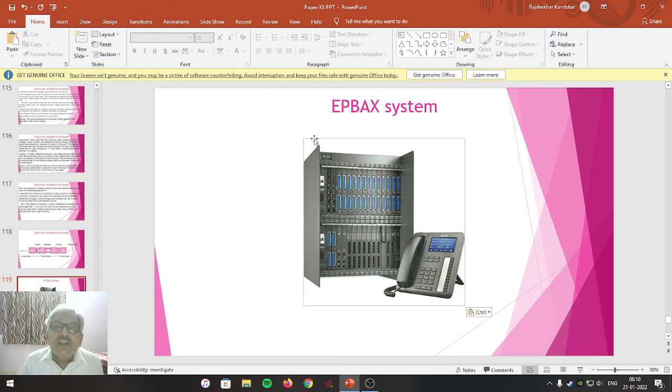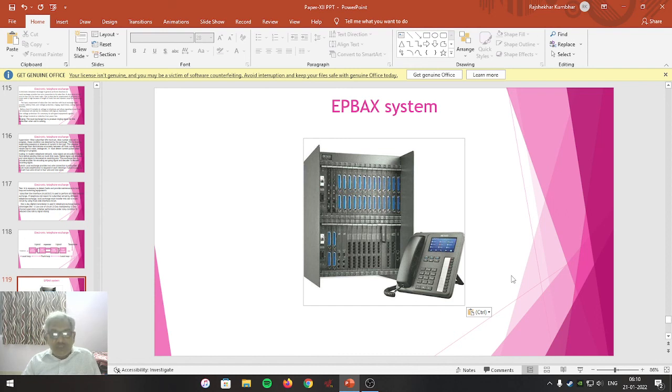This means this system is governed by a public telephone exchange, but it is used only for the one subscriber, for which it is purchased.